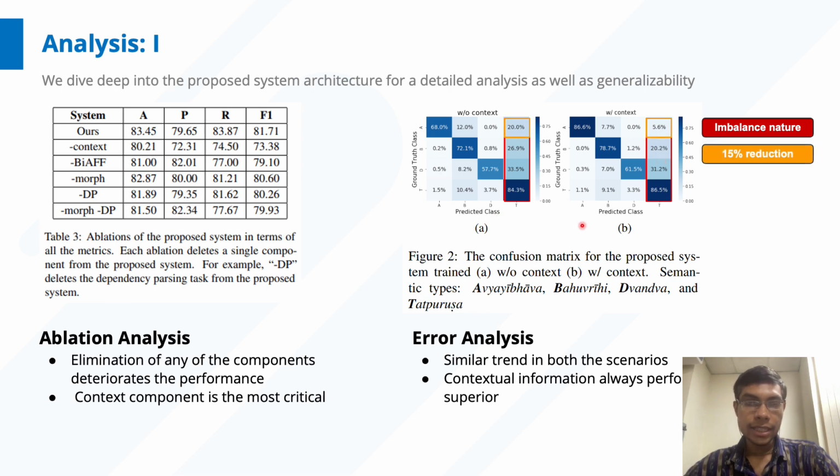But in the context setting there is improvement, a 15% reduction. The confusions in the other classes are mostly because some subclasses share the first component, so that's why the model gets confused. Although the overall trend is the same, in the contextual setting we see consistent improvement.